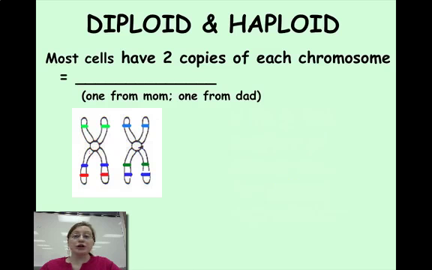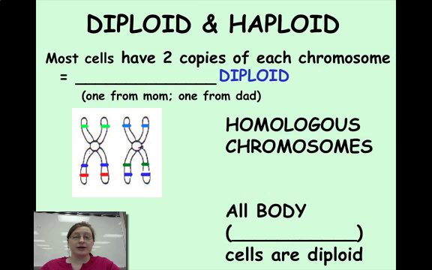The terminology that goes with this full set and half set of chromosomes are diploid and haploid. Most cells in the body are considered diploid. In other words, they are 2N, and that's just a formula that we use for them. So this would be like saying humans are diploid with the number 46.